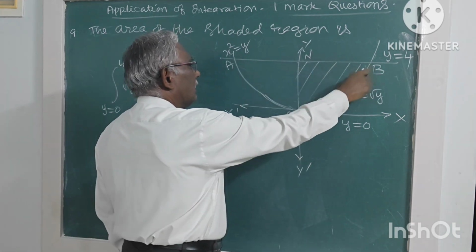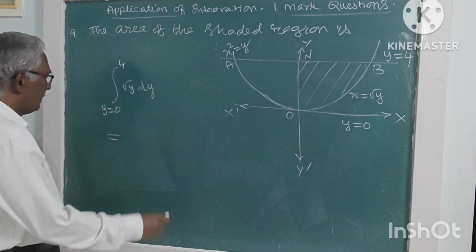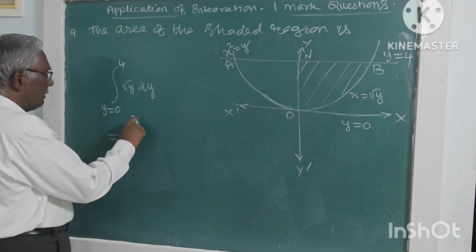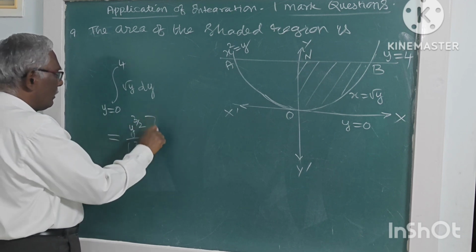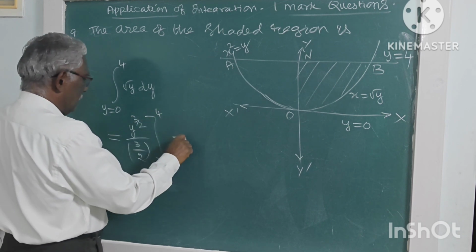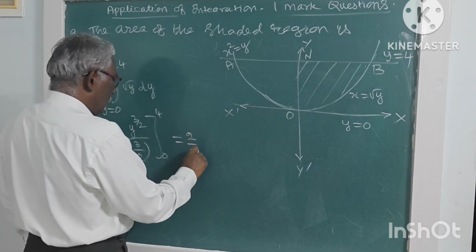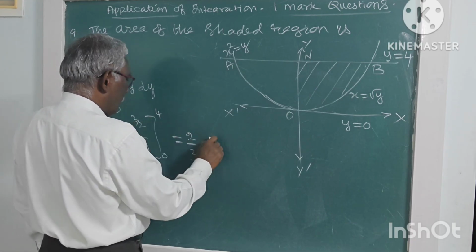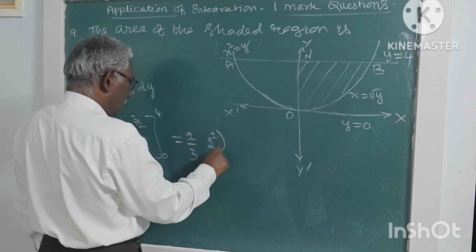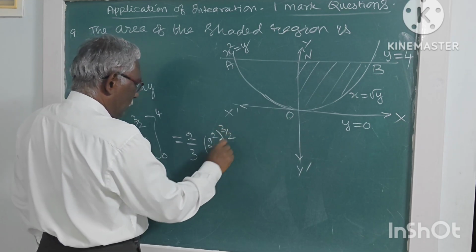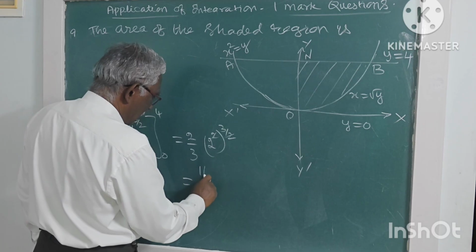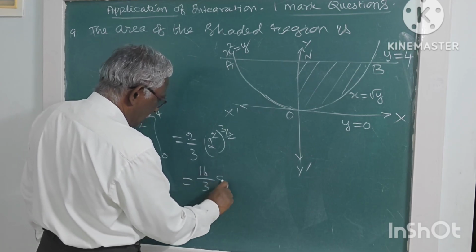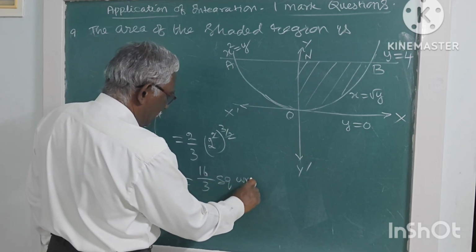Now we can get the area of the shaded region: y power 3 by 2 by 3 by 2, from 0 to 4. So 2 by 3 times 4 power 3 by 2, so 8 into 2, 16 by 3 square units.